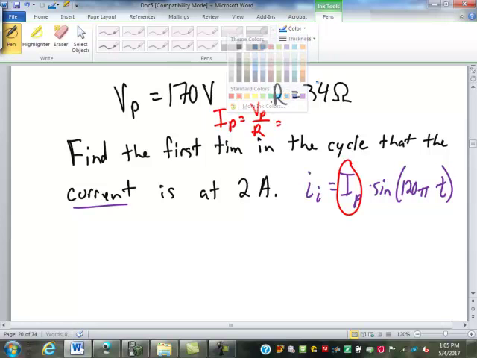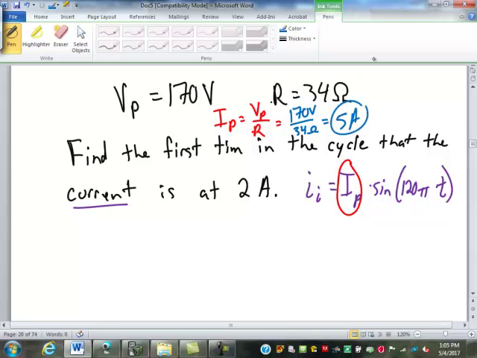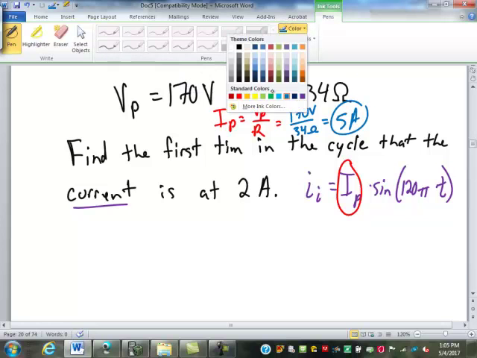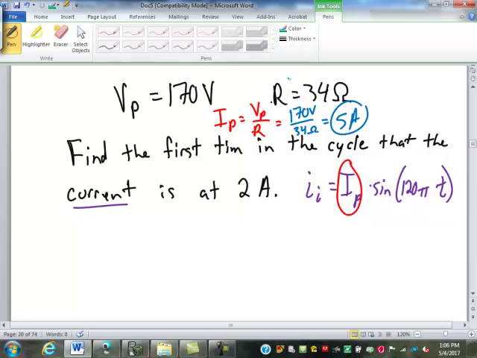So that's going to be 170 volts divided by 34 ohms, otherwise known as 5 amps. Correct? Yeah. Questions so far? We're good so far? Okay.